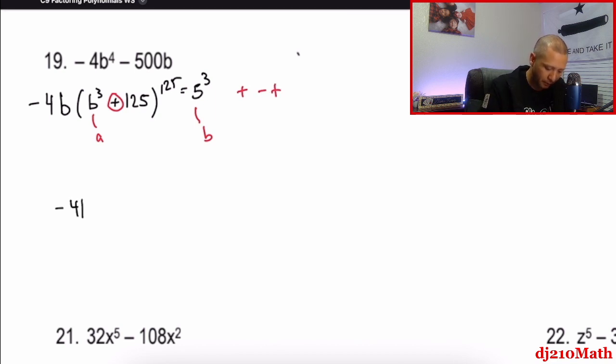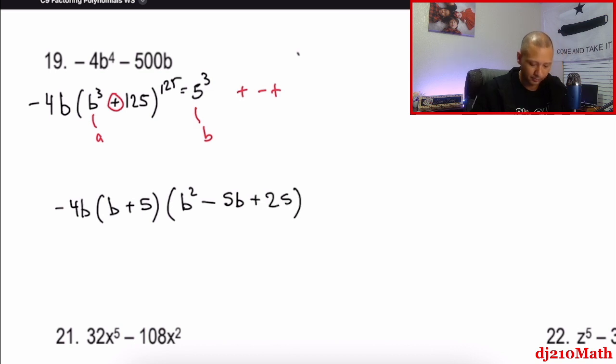So negative 4, b, a plus b. So a in this case is b. B in this case is going to be 5. So plus 5. All right, a squared. That means b squared. Minus a times b. So b times 5. So 5b. And then b squared, 25. Okay, two numbers that make 25 that add up to 5. 1 and 25, 5 and 5. Nothing else makes 25. So we're good there.